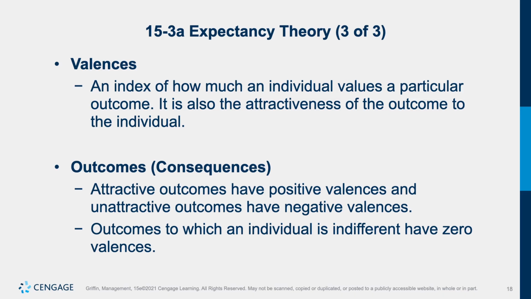Most often than not, they come in the form of rewards, or an outcome for a wrongful behavior might come in the form of punishment rather than reward. Also, each outcome has an associated valence, which is an index of how much an individual values a particular outcome. It is also the attractiveness of the outcome to the individual.